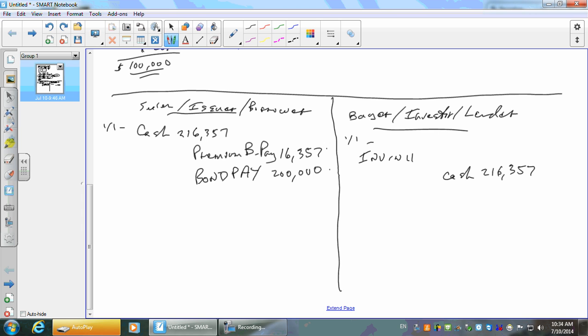The reason it's held to maturity is we think we're going to keep this to maturity. 216,357. That's a debit, that's a credit, right, guys? Okay, good. 6 months go by. What's going to happen?